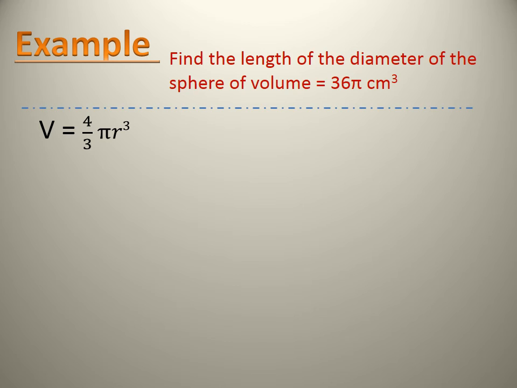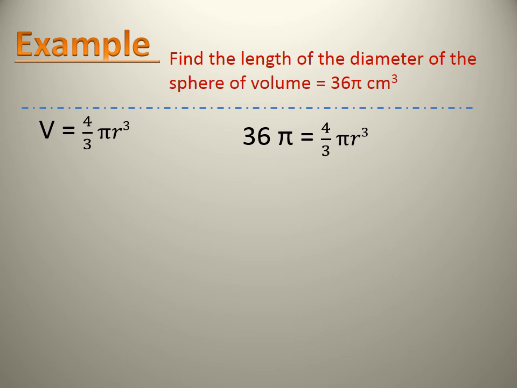I repeat again, the formula of the volume of a sphere equals 4 over 3 π r cubed. By substituting, on the left hand side we have 36π, and on the right hand side we put the volume formula, 4 over 3 π r cubed.